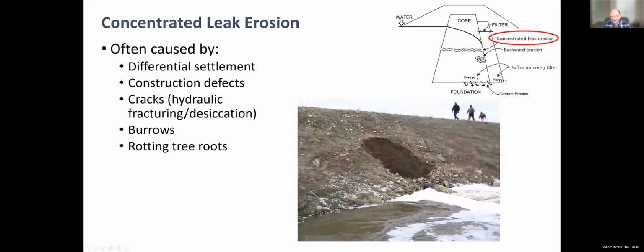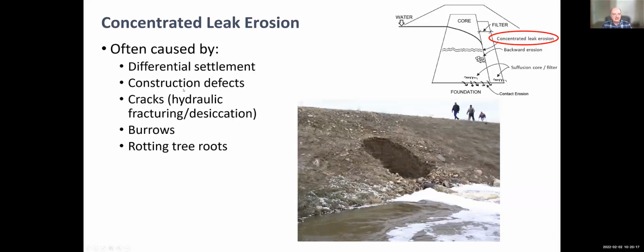And so you essentially get a pipe that progresses back into your embankment, but caused by concentration of flow along some sort of defect, effectively, the defect being your low-level outlet, and the soil around that outlet may not be adequately compacted or the wrong kind of material. So you have to be watching for that.